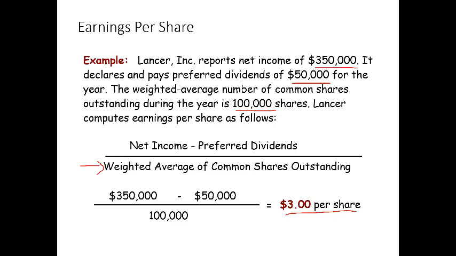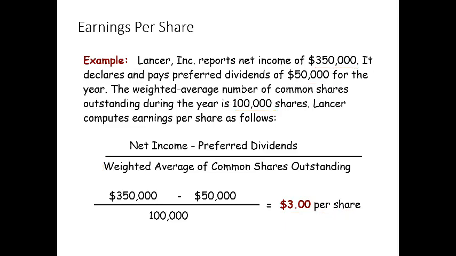You can also have lots of other claims to net income that come before common shareholders that might have to be subtracted off in the numerator. Earnings per share isn't always this simple, but for this class we're just doing an introductory measure. It's a common measure of performance for a company, and represents the performance of the company per share of stock. If you're interested in buying a share of stock, you'd be interested in the performance per share.